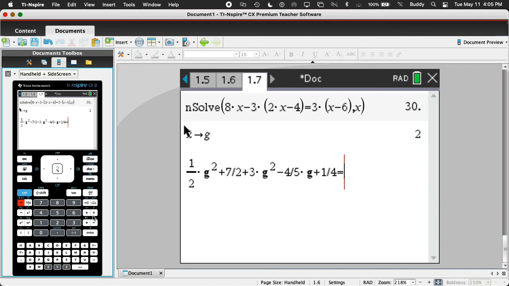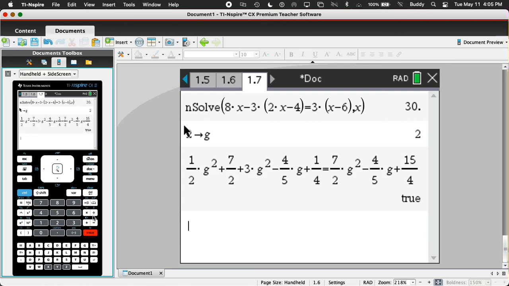And I'm going to say, hey, is that the same thing as 7/2 g to the power of 2 minus 4/5 g plus 15 over 4? And it says true.